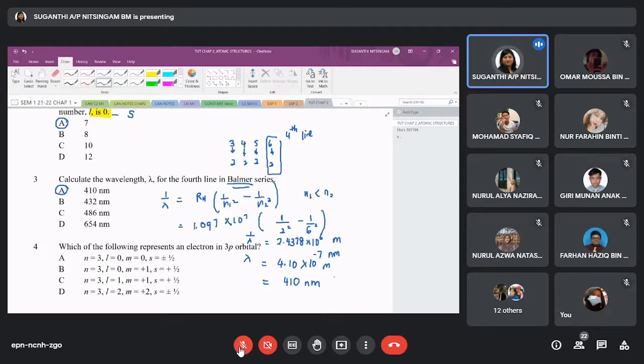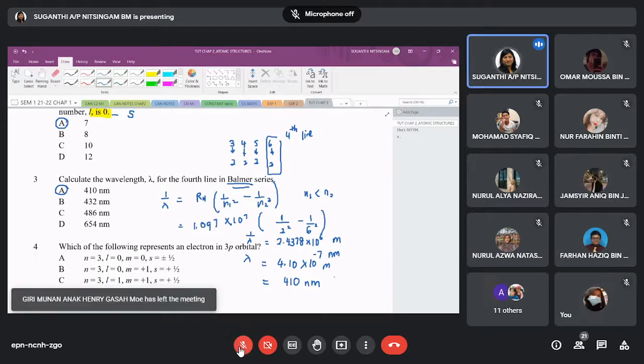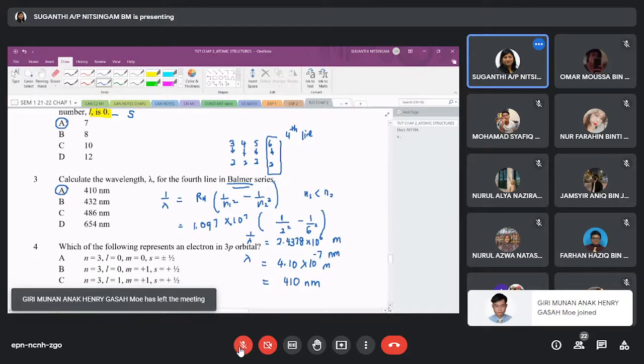Boleh? Ada apa-apa masalah? Dapat ya? Boleh. Okey, kita teruskan.